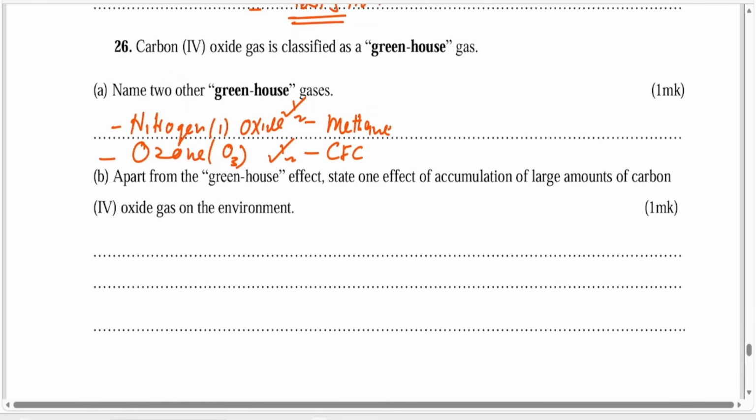Part B of the question. Apart from the greenhouse effect, state one effect of accumulation of large amounts of carbon dioxide gas on the environment.